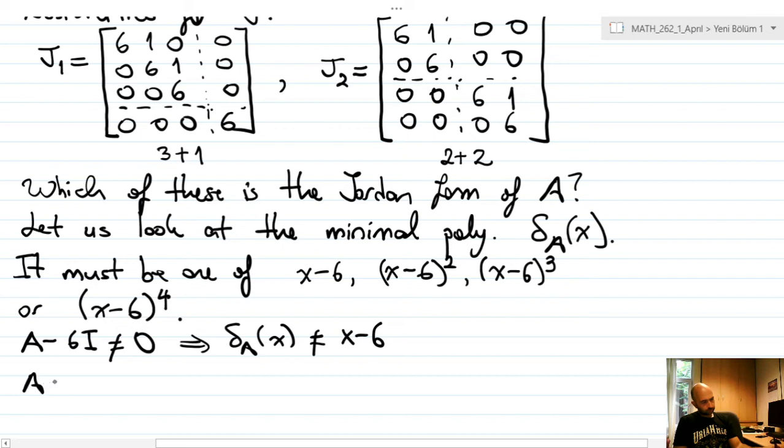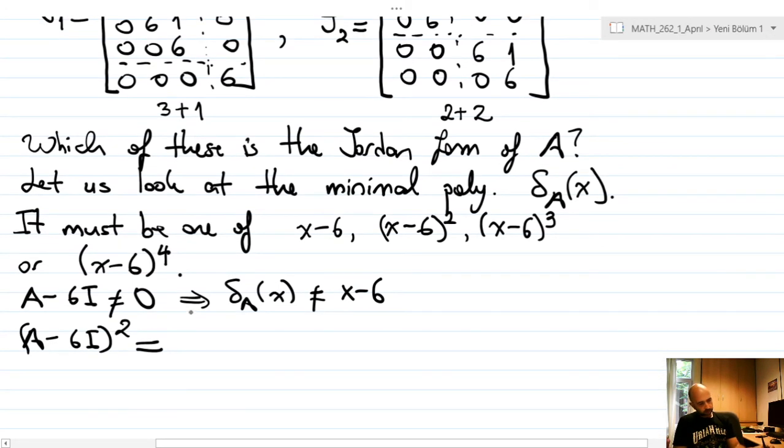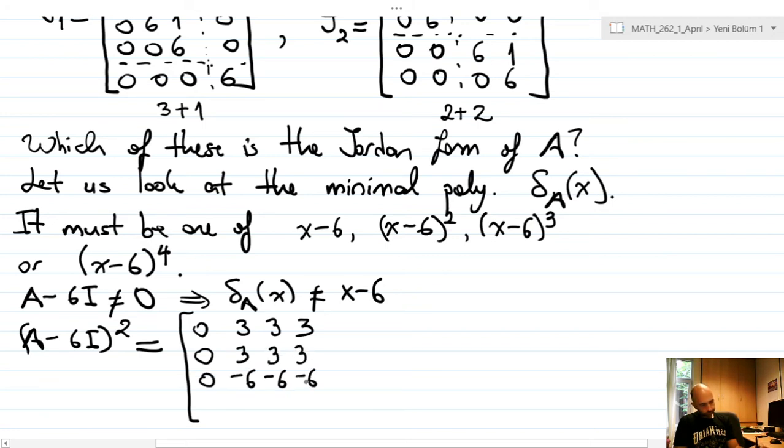Then you could look at the square of this matrix and see if that is 0. That's a small computation. I'll just write the results because we all know how to do it. So it gives you this matrix. It's a certain rank 1 matrix, but it is not 0.